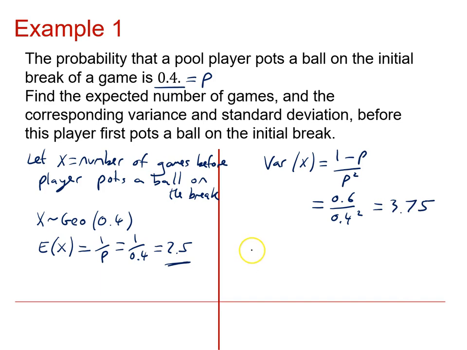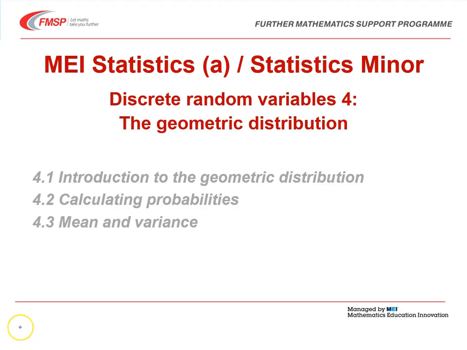And correspondingly, our standard deviation is the square root of the variance, which is 1.94 to 3 significant figures. And that's the final video on discrete random variables for the geometric distribution.